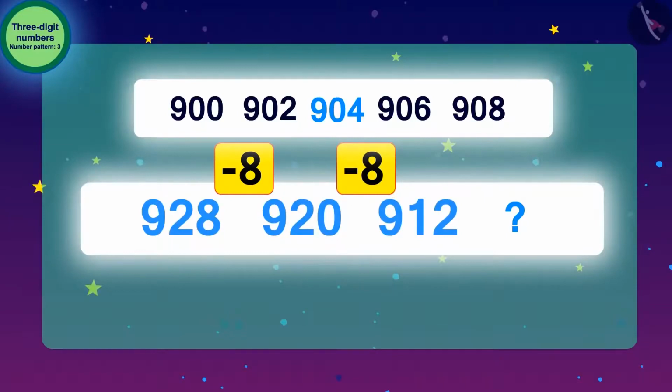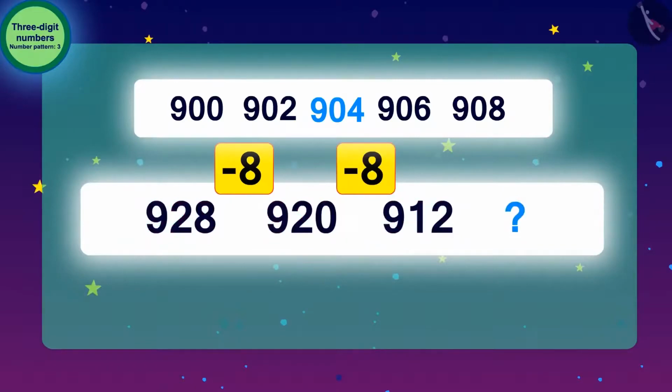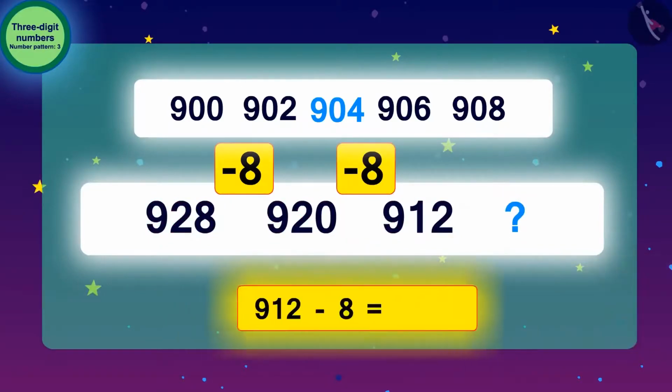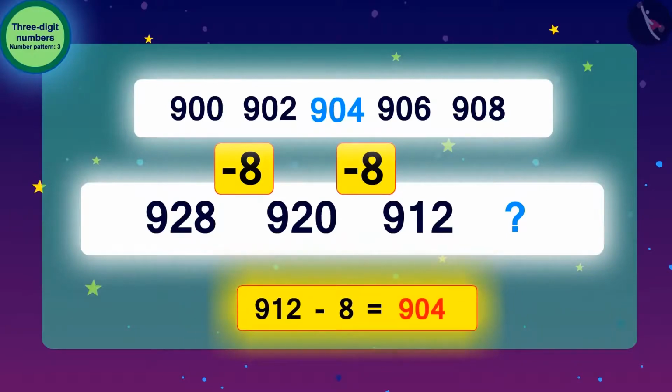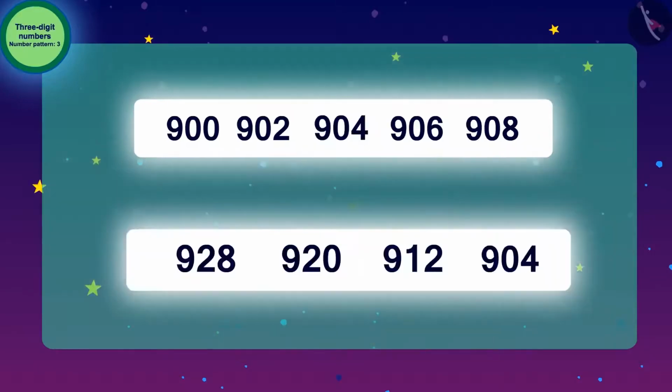Similarly, to find the next number of this number pattern, we have to subtract 8 from every number. Now the number pattern is ready. And the answer to our code is got by subtracting 8 from 912, that is 904. Our second pattern is also complete.